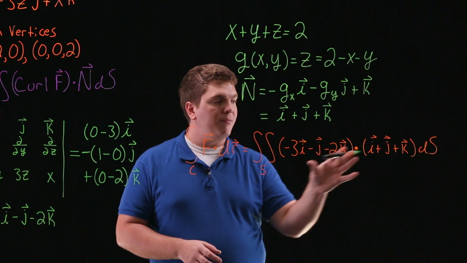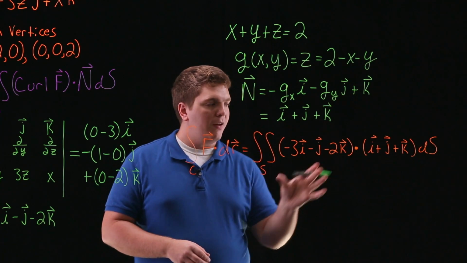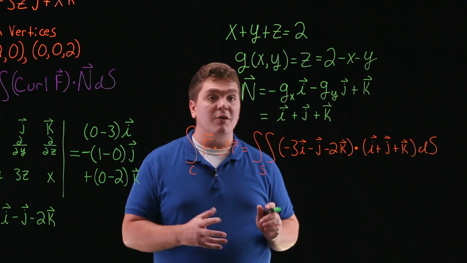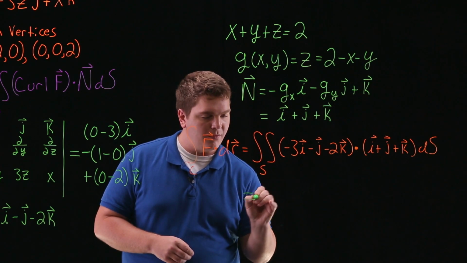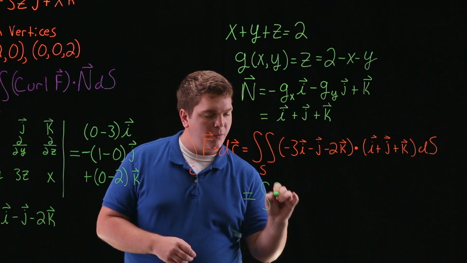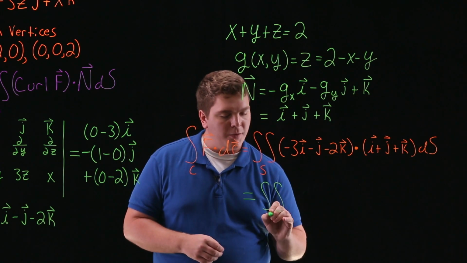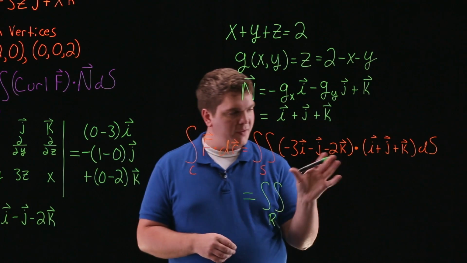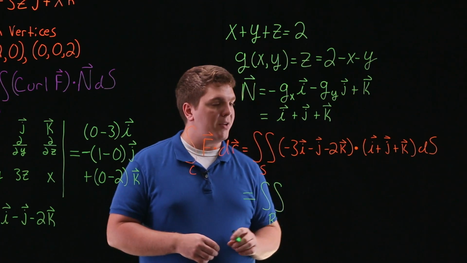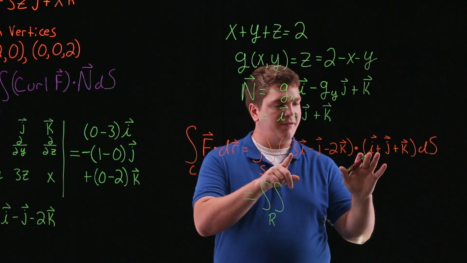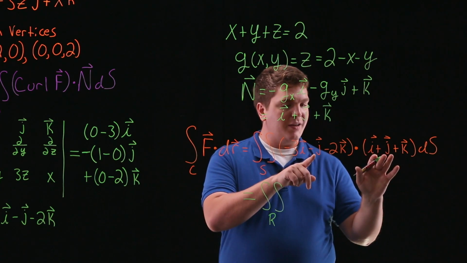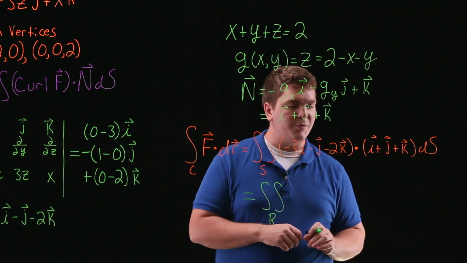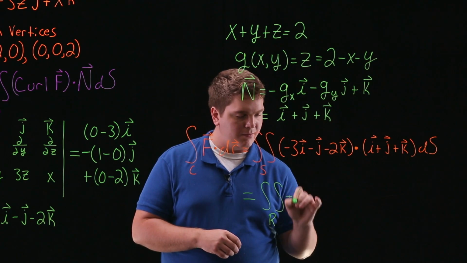Working through the dot product, we get negative 3 times 1, minus 1 times 1, minus 2 times 1, which is negative 6.